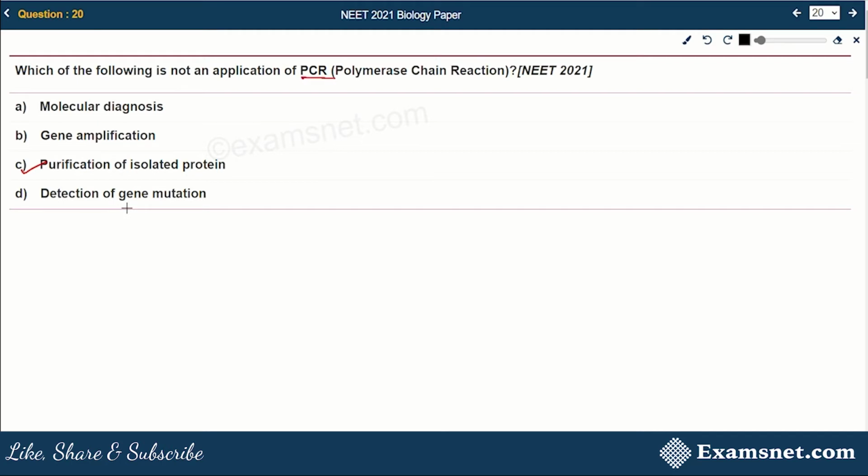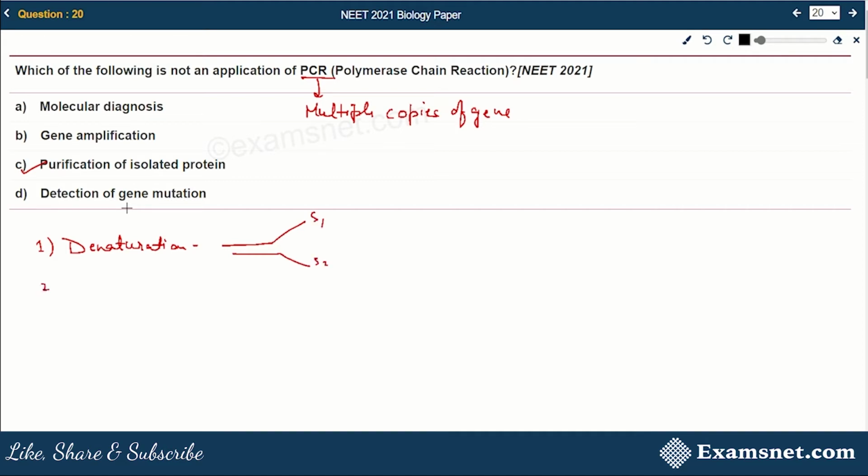So let's see what a PCR is. It is basically a reaction that is used to produce multiple copies of a gene or DNA. And it consists of three steps. Number one, denaturation. In this step, a very high temperature is applied so that the two strands of the DNA get separated and the DNA gets denatured.